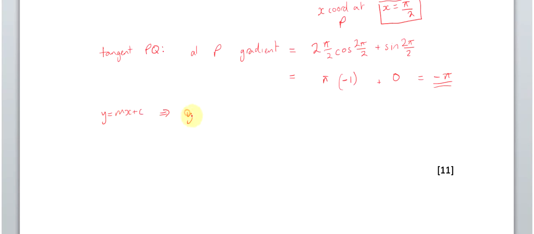So we've got y is equal to minus pi times x plus c, and then we're going to substitute our point P, which of course is pi by 2, 0.